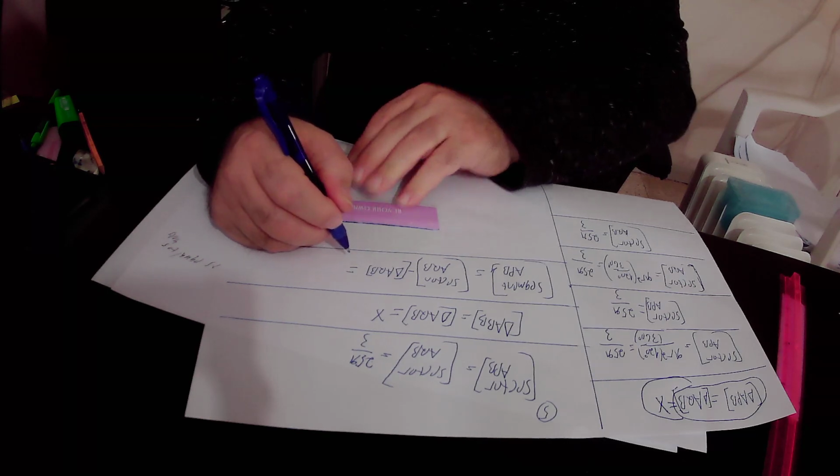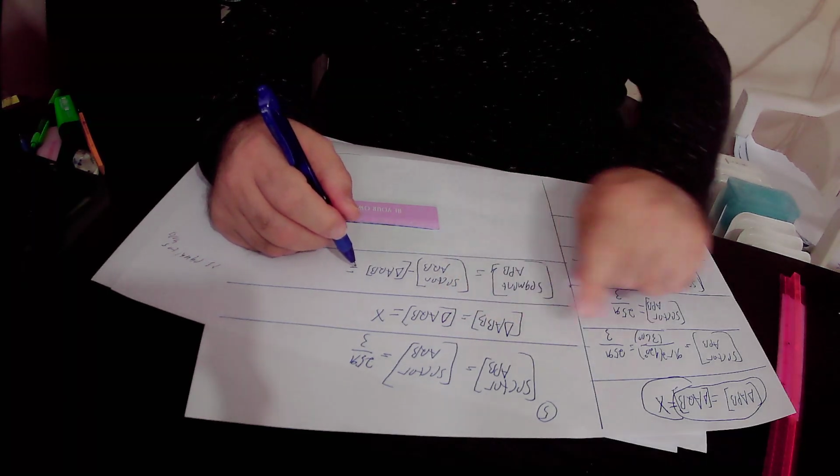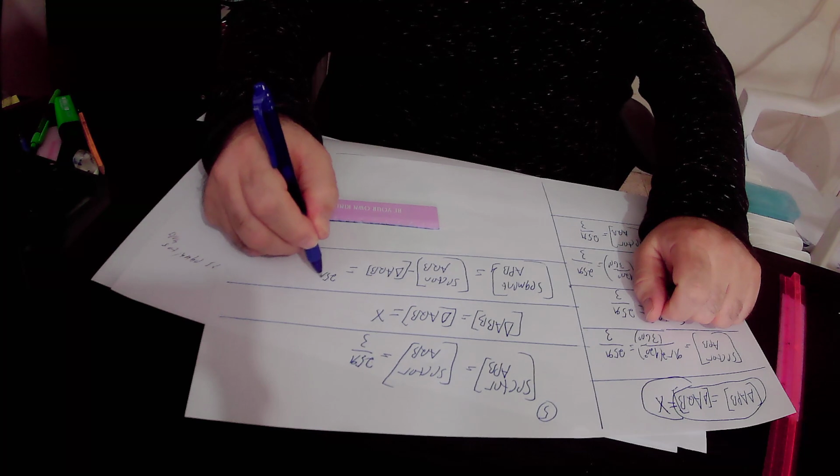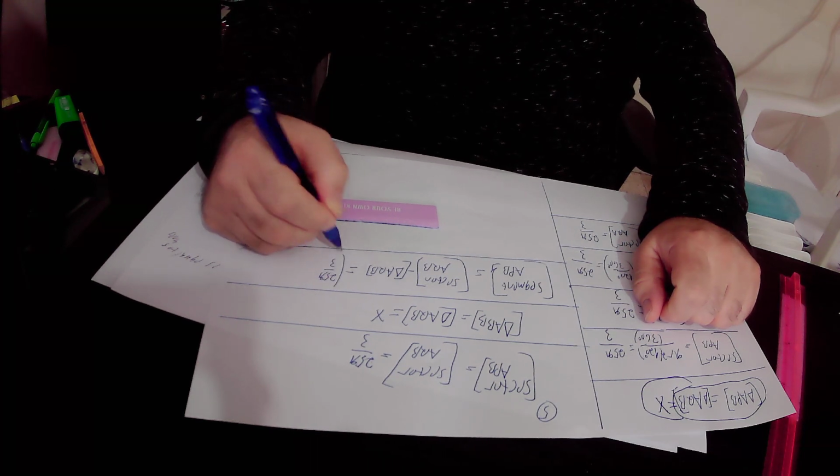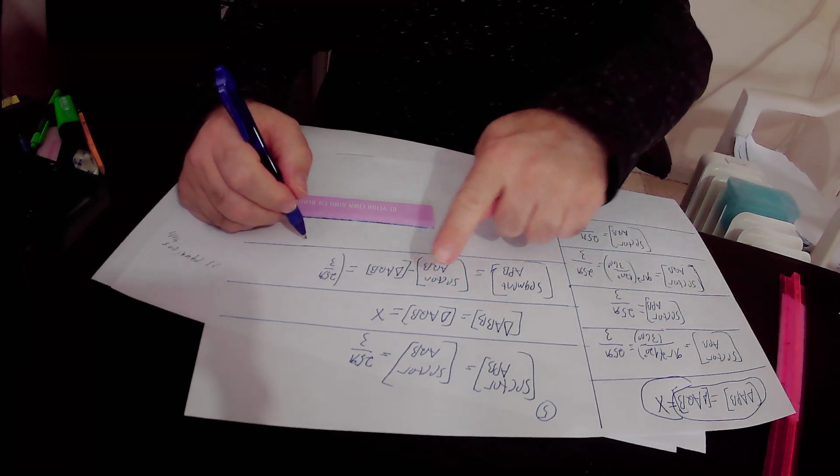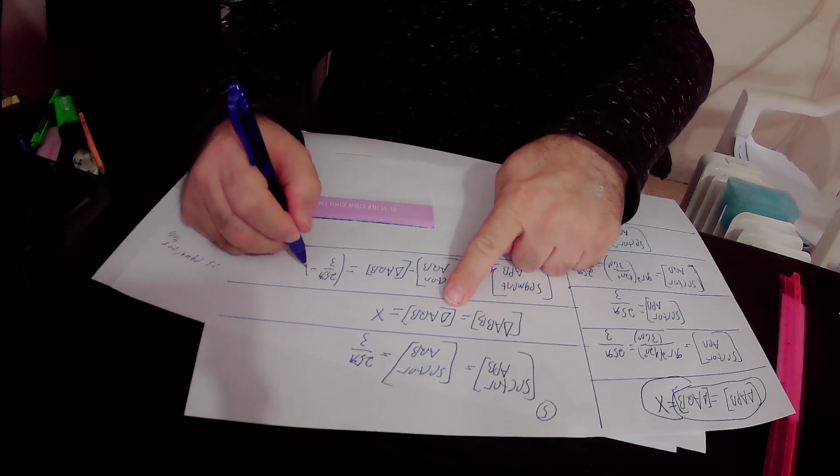That is to say, the area of sector AQB is 25 pi over 3, and the area of triangle AQB, according to our definition, is x.